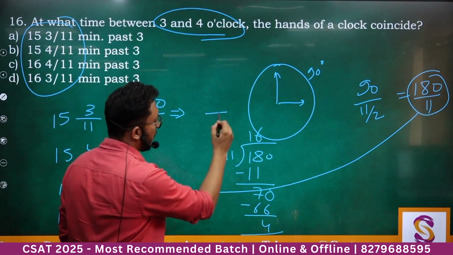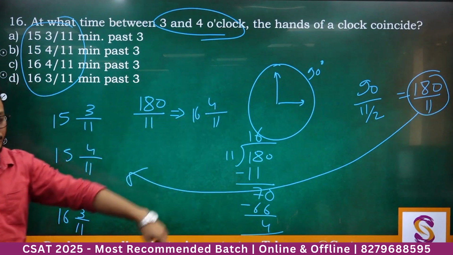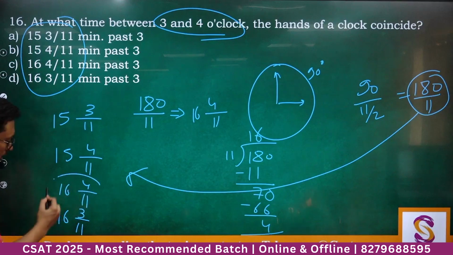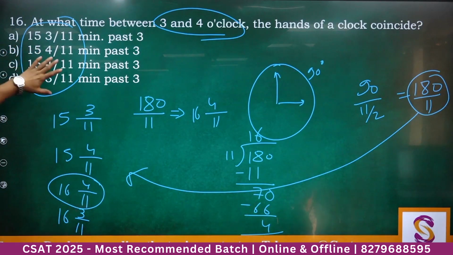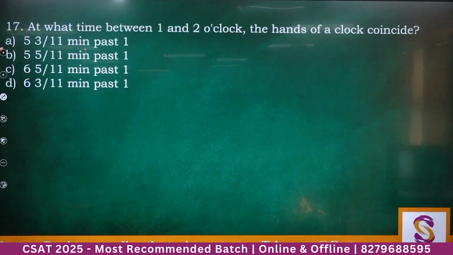So by 11, 16 4 by 11, this is the remainder, this is the quotient. So 16 4 by 11 is the answer. It's just कि exam में आपको अलग अलग representations मिल सकते हैं answers के भी.